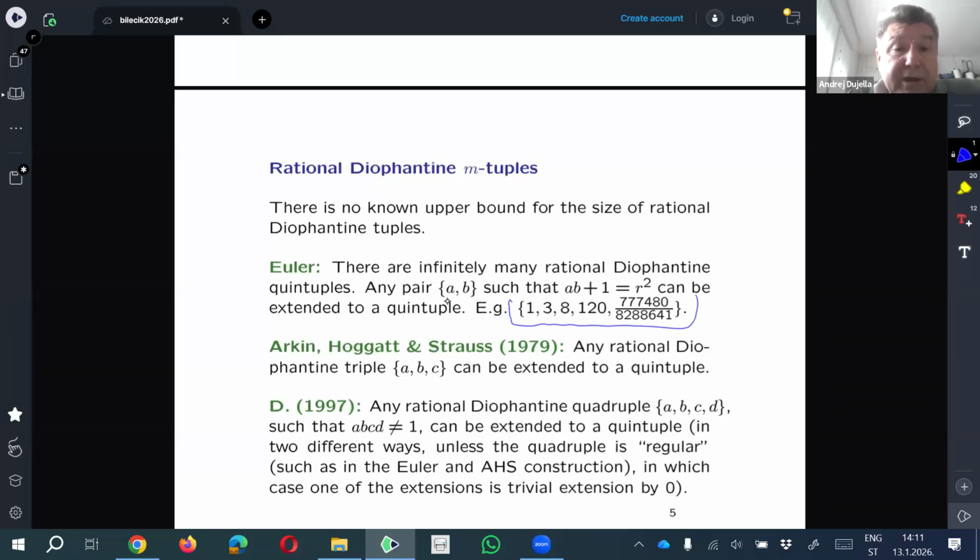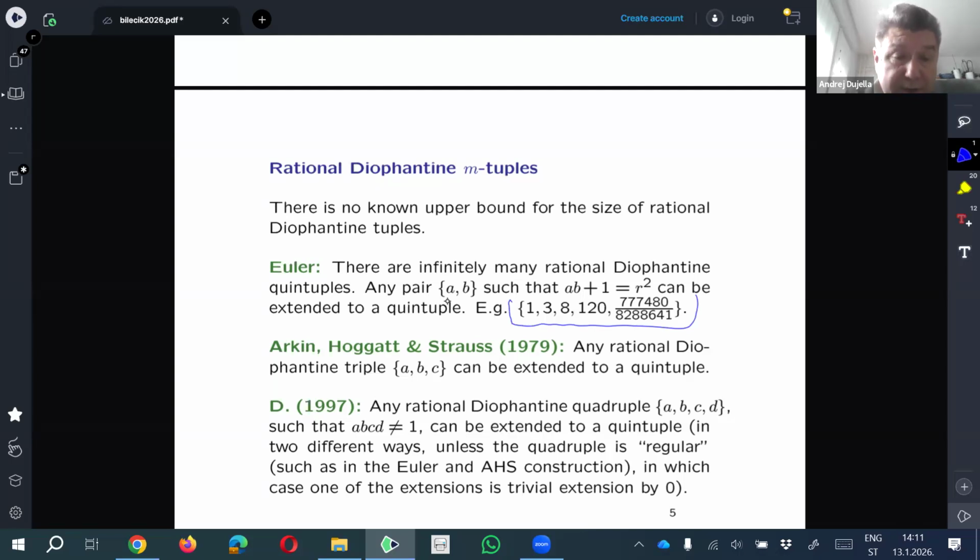This result was generalized by Arkin, Hoggatt, and Strauss, and they proved that any triple can be extended to a quintuple. And in 1997, I generalized it further and proved that all Diophantine quadruples satisfying some technical requirement can be extended to a quintuple.